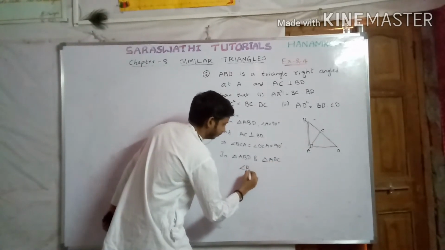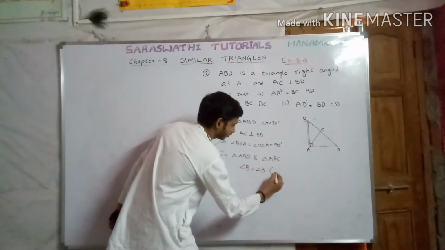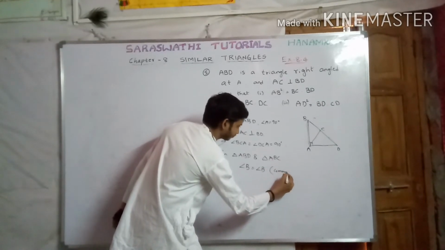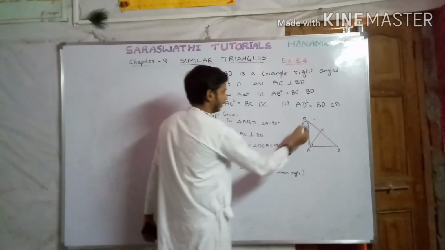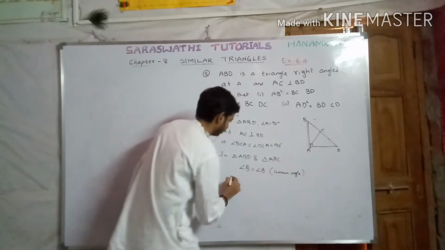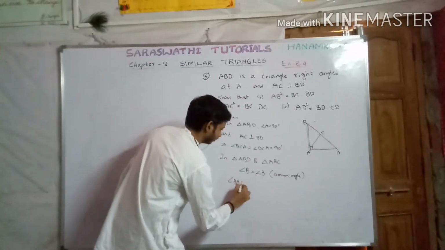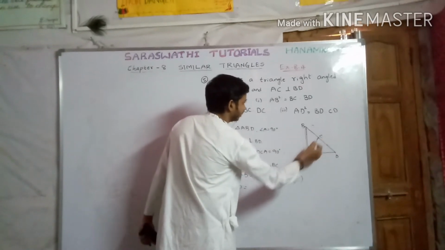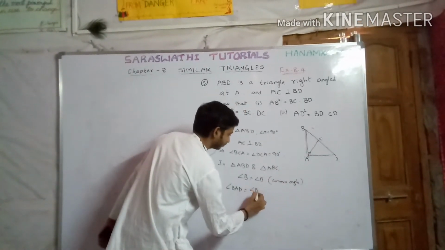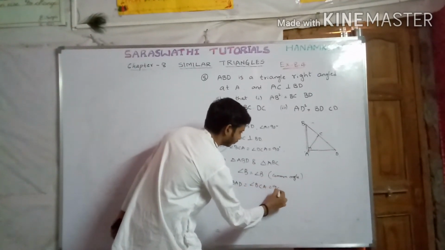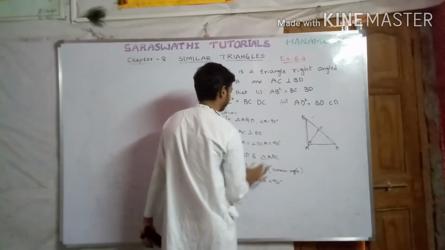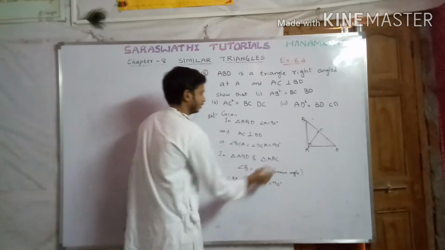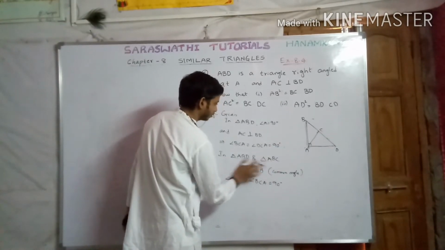Angle B equal to angle B, common angle. And angle BAD equal to angle BCA equal to 90 degrees. Therefore by AA similarity these two triangles are similar.